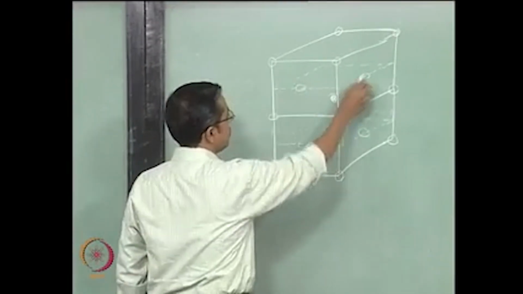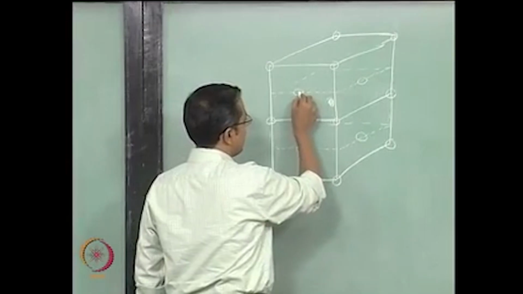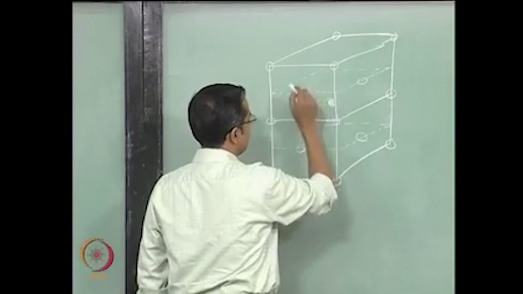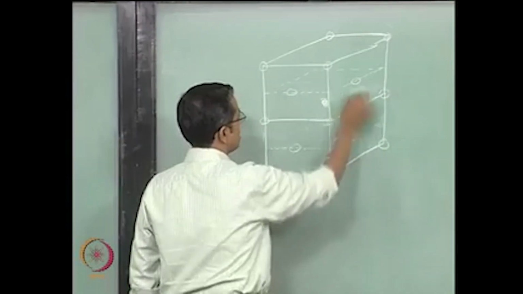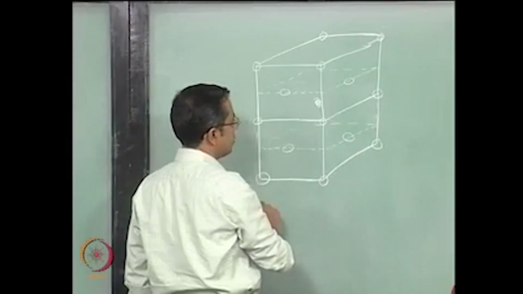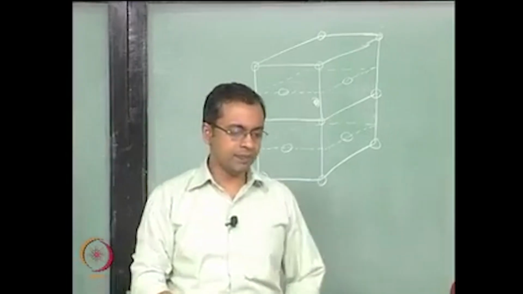Therefore, if you do this, you will have lattice points in the middle of the diagram on top and at the bottom, and at the corners in the middle of the diagram. That is basically what you will see in our diagram here.